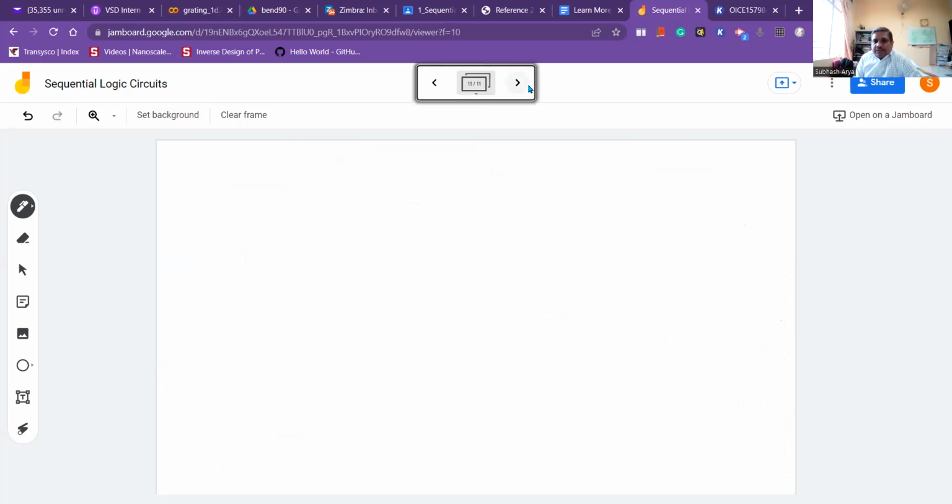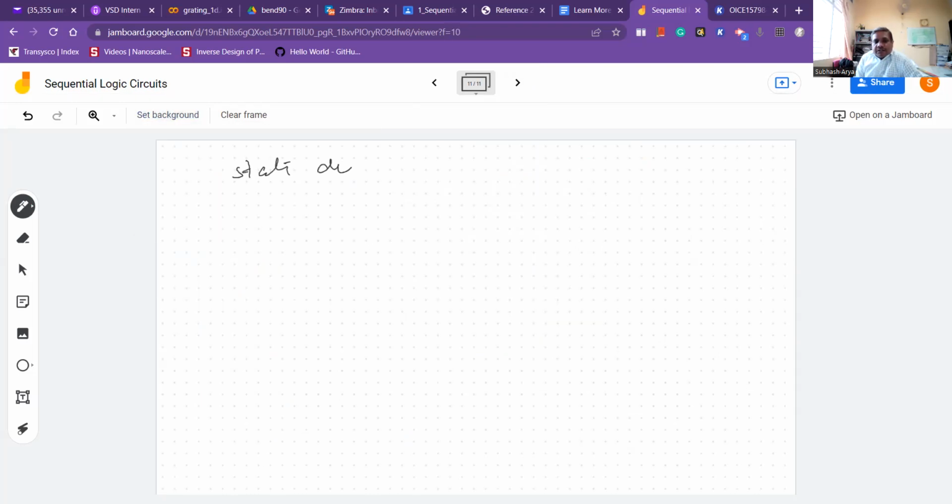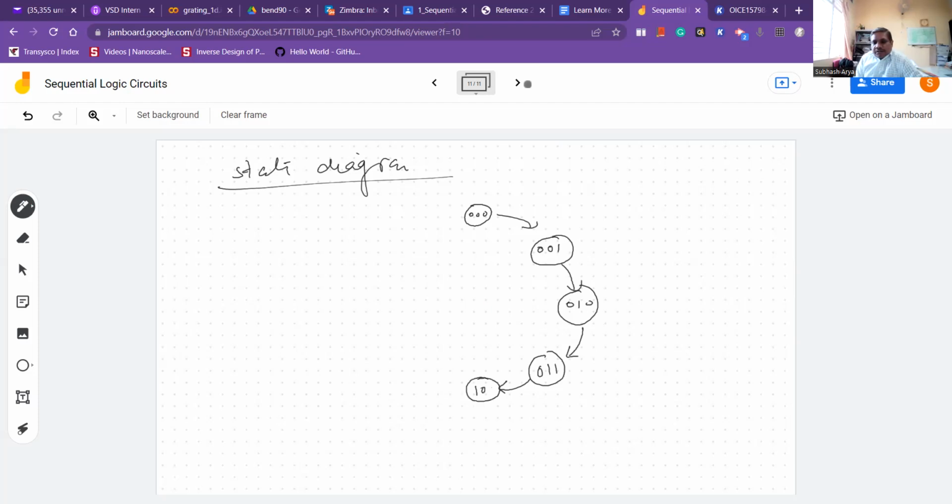Lastly, we can make one state diagram basically. So the first state is 0, 0, 0. With a clock pulse, the next state will be 0, 0, 1. The next state will be 0, 1, 0. Next state will be 0, 1, 1. Put the arrows. Next state will be 1, 0, 0.